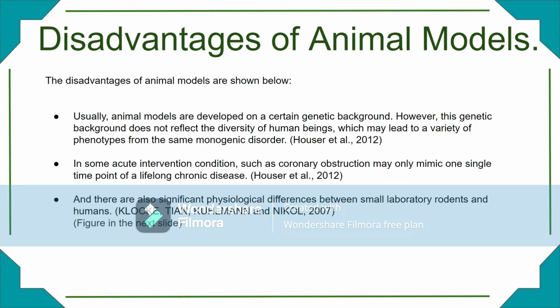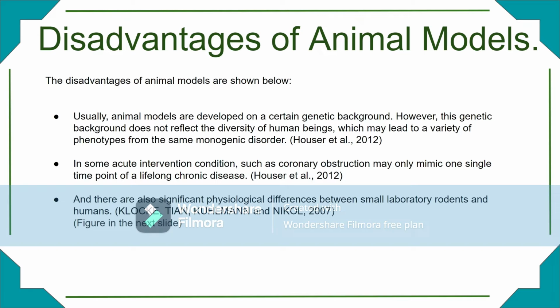And then I'm going to talk about the disadvantages of animal models. The disadvantages of animal models are shown below. First, usually animal models are developed on a certain genetic background.